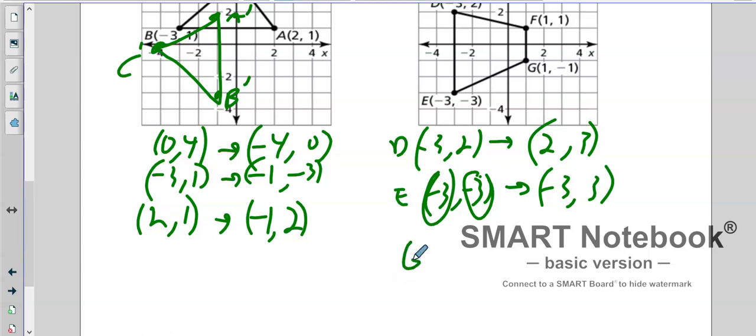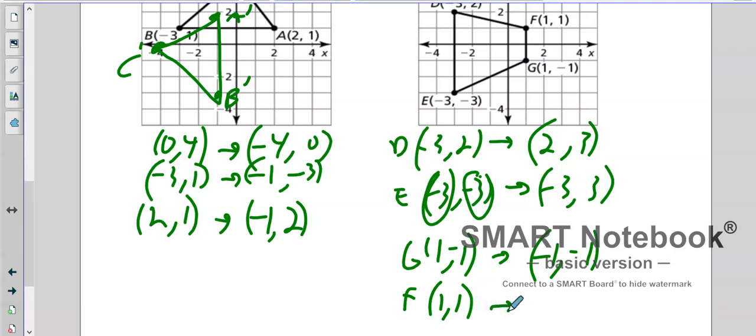G was 1, negative 1. So that's going to shift to negative 1, negative 1. And F was 1, 1. And that's going to shift to 1, negative 1.